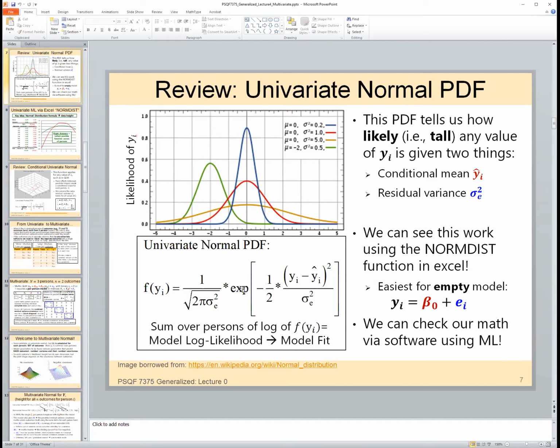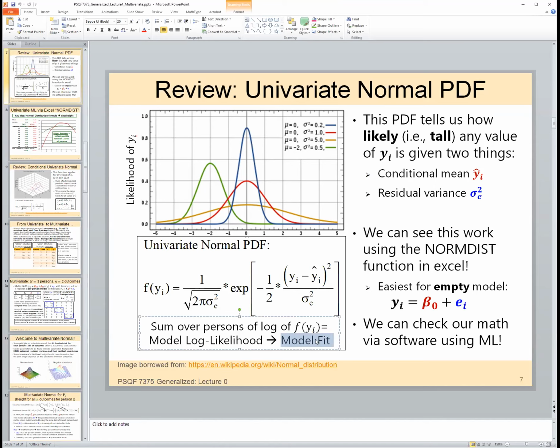And so that's the formula right here. If you know what each person's predicted outcome is supposed to be and you know the residual variance, you get a number. You take the log of it, sum it across persons, and that quantity is your log likelihood. So that tells you the height of everyone's combined data.